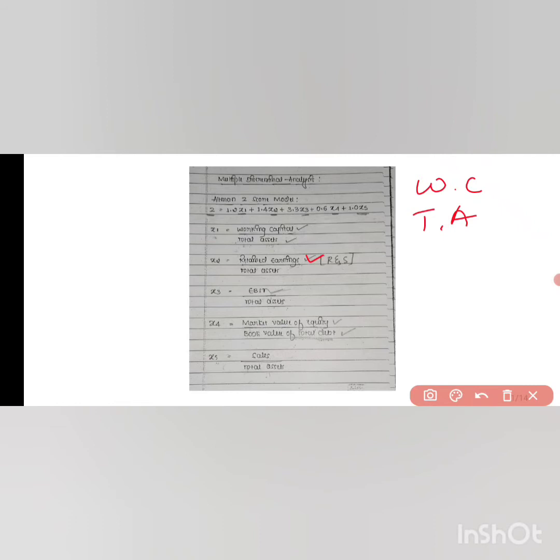Okay, retained earnings can be calculated by applying one formula. It's not really a formula, but you can call it a formula: reserves plus surplus. Okay, reserves plus surplus, together it is retained earnings. You can call it a formula, or you can just add it up, you will get the retained earnings. Okay, this is the first thing.